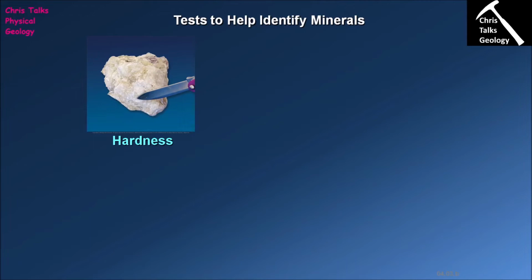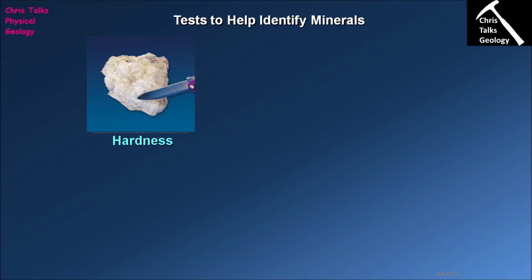A mineral that's 3 on the scale will be scratched by a copper penny, but a mineral that's 4 or higher on the scale will not be scratched by a copper penny. A mineral that has a hardness of 5 or 6 will be scratched by a steel nail, but anything 7 or above will not be scratched by a steel nail. And then, of course, anything that's 7 or higher will scratch glass.